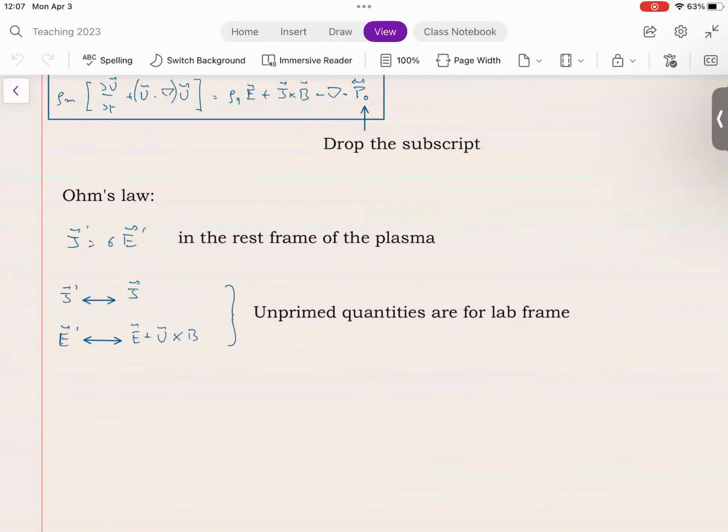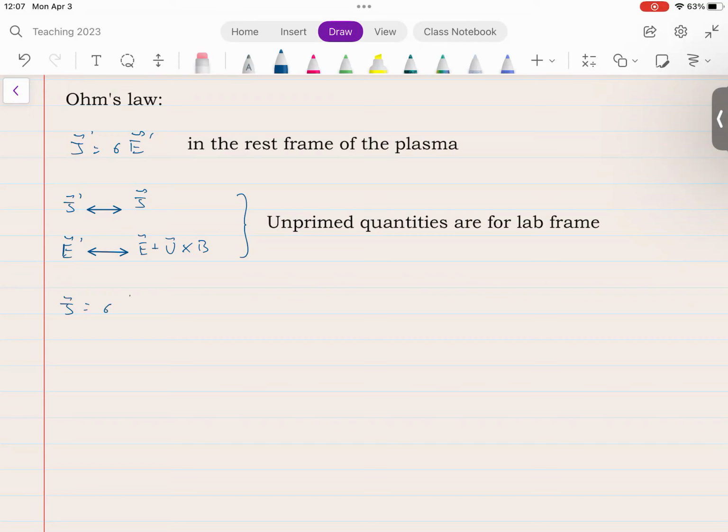Therefore, the Ohm's law in the lab frame is going to look as J is equal to sigma times (E plus U cross B).